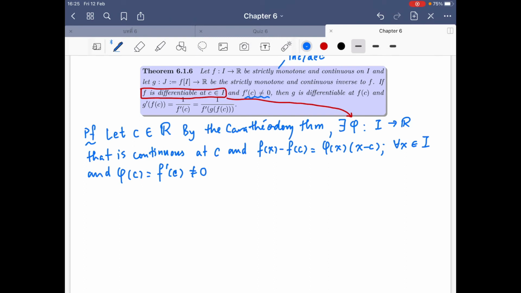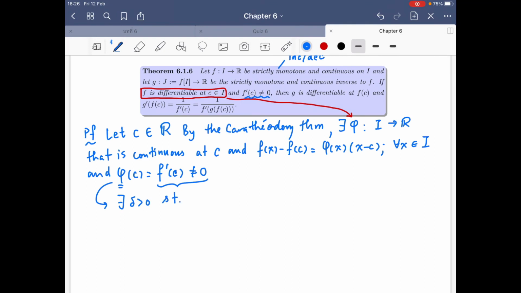Next, because of this assumption that f prime at c is not 0, and phi is continuous, it means that there will be a neighborhood of c, sometimes called a delta neighborhood.